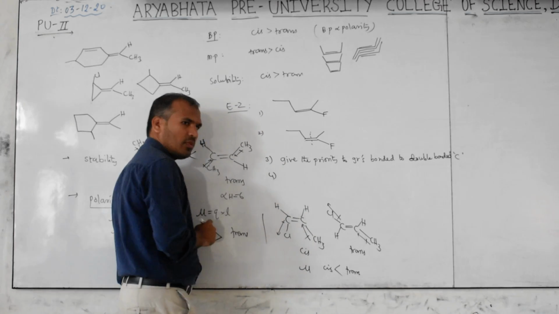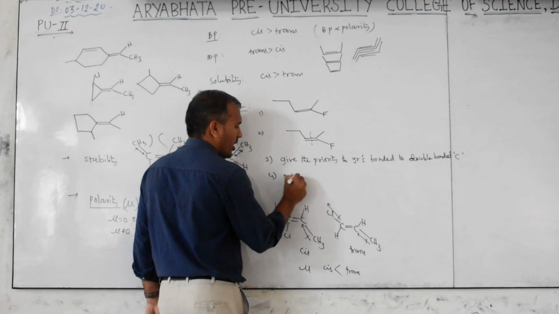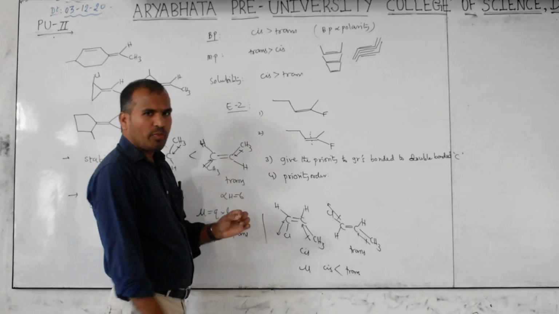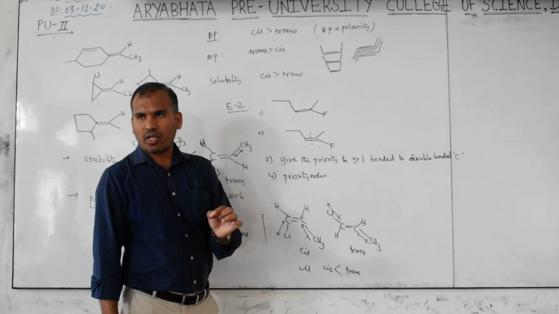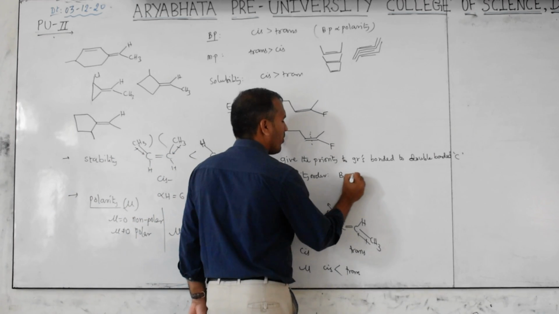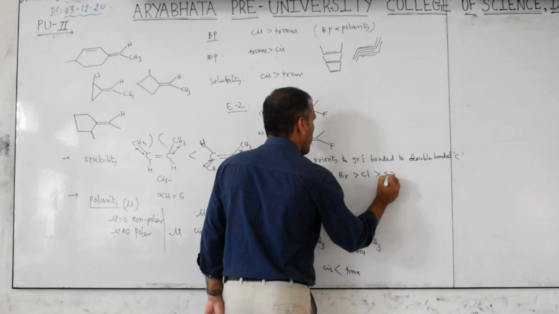Fourth one. Priority order. Higher atomic number is first priority, lower atomic number is least priority. So that is what I am writing here. Bromine, next chlorine, next sulfur.